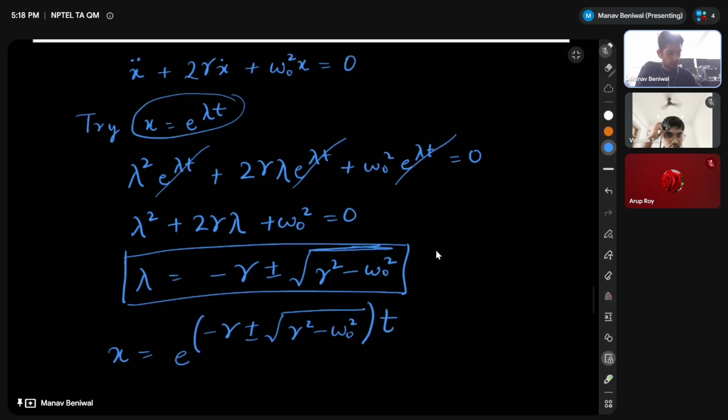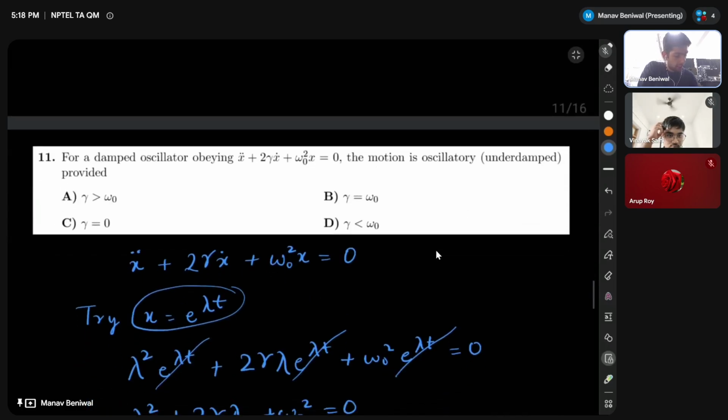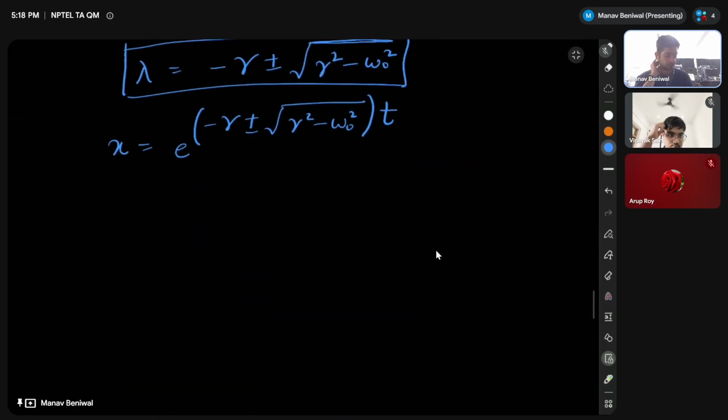Now the question is asking that if the motion is oscillatory under damped, what condition needs to be satisfied, and we are given a bunch of conditions. So let's look at all these conditions one by one.